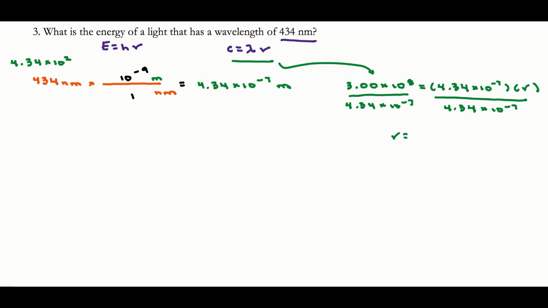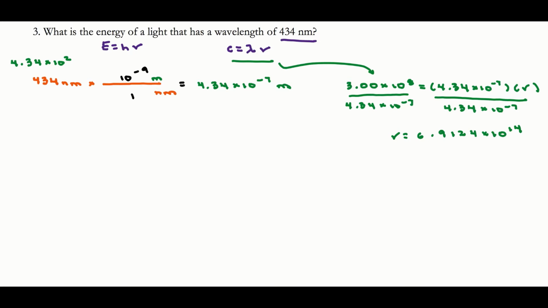Remember to put your wavelength in parentheses when you divide. So I'm going to take the speed of light, 3.00 times 10 to the 8th, and divide by 4.34 times 10 to the negative 7th in parentheses. And what I end up getting, unrounded, is 6.9124 times 10 to the 14th. Okay, remember, I don't want to round yet because I'm not done, because it's asking for energy, not the frequency.